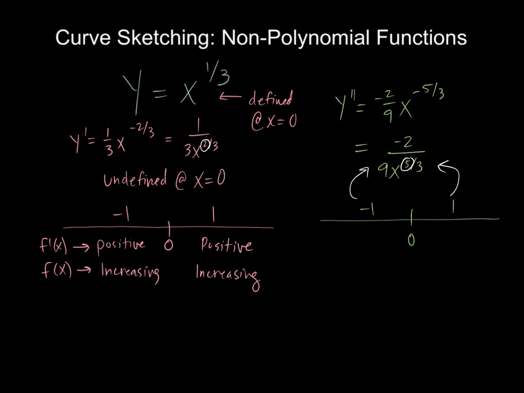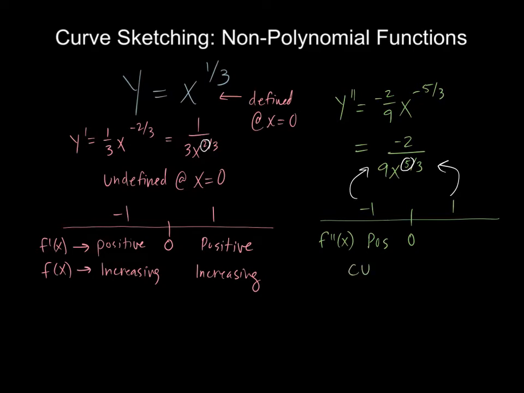So -1 to the 5th is negative, cube root's negative, but I have a -2 on top, so overall f double prime of -1 is positive, which tells me my function's concave up.